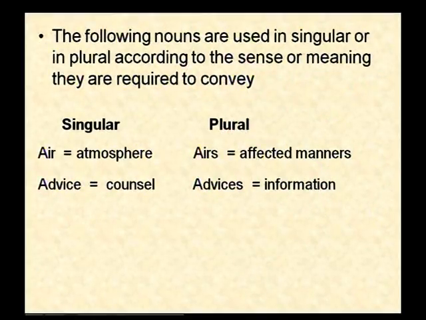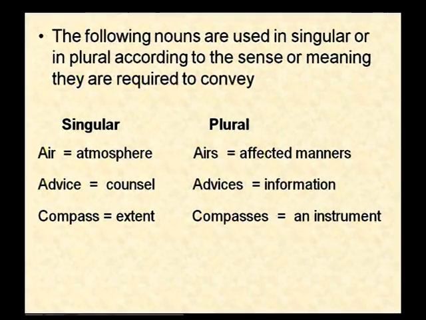Another word is advice. It's a counsel. Give advice, I'll ask my teacher to advise me. So advices means information, so it can be used in plural. It depends on what way you want it, whether you want to use it in singular or plural. So when you want to use it as plural, instead of air, use airs. And if you want to use singular, use air, atmosphere. And when you want to say some moral advice, you say advice, advices.